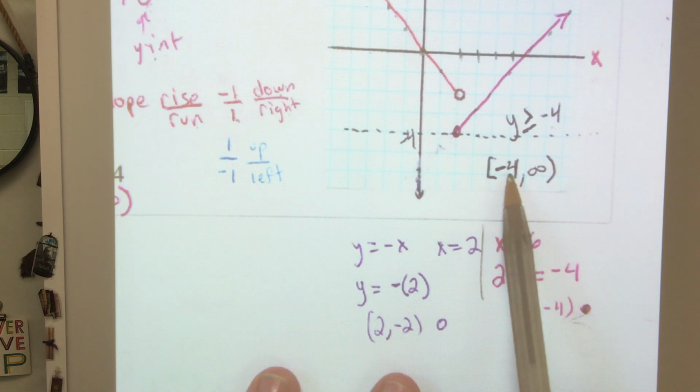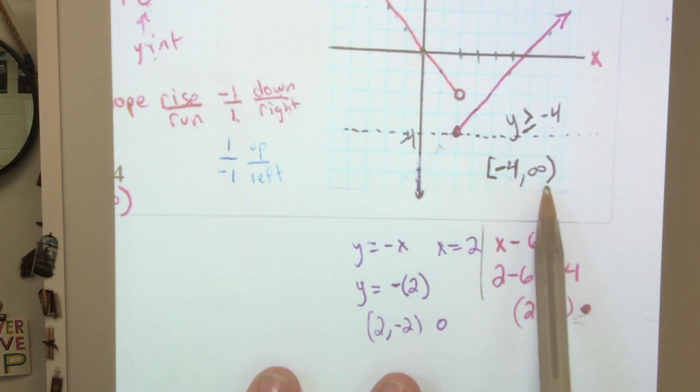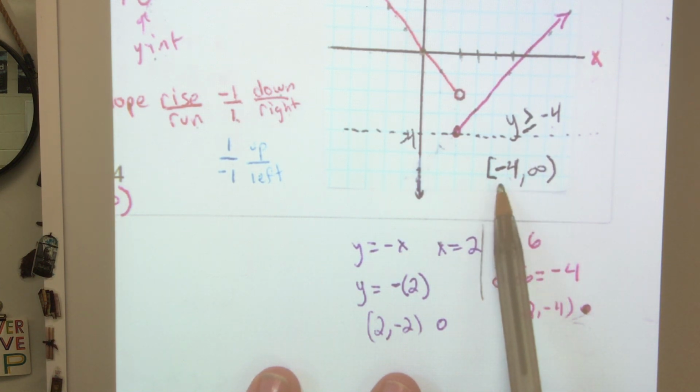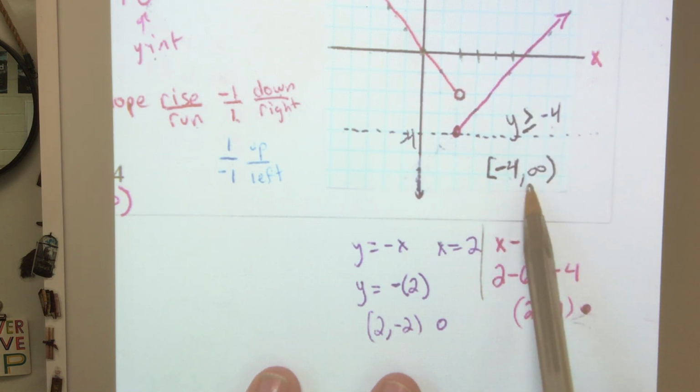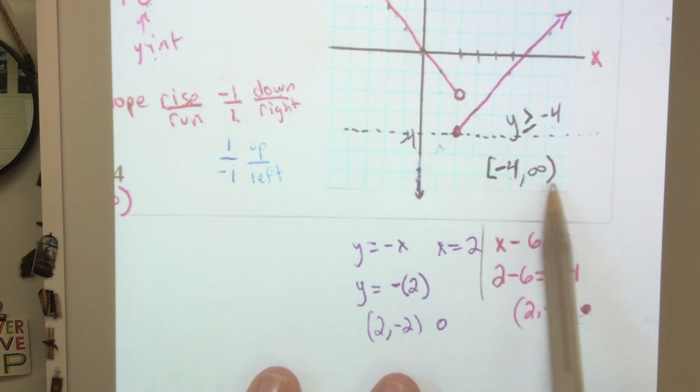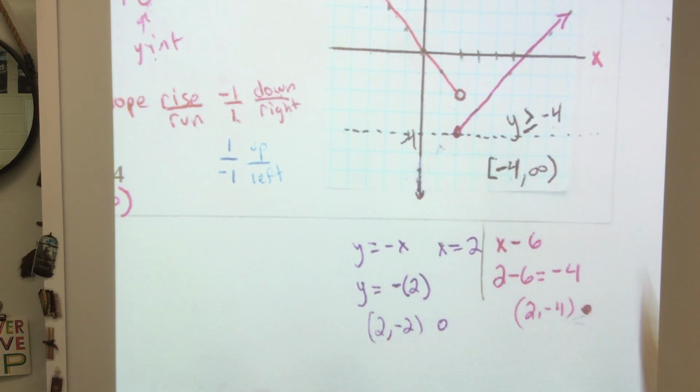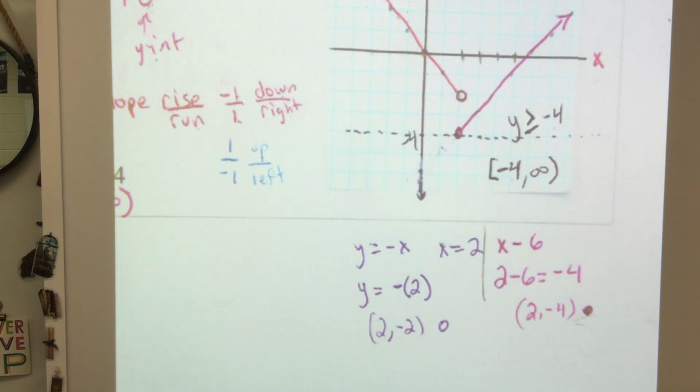But in math world, we use function notation, and that would be [-4, infinity). So seeing both hopefully will help you understand the function notation a bit more. And it is good to know that there's more than one way to show an answer. I will accept either for the quiz, at least the first quiz, and we'll go from there.